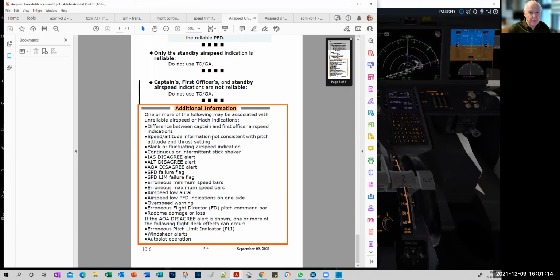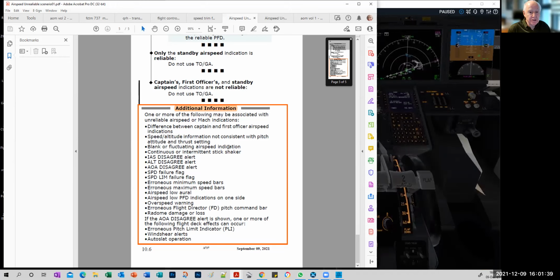Speed and altitude information not consistent with pitch, attitude, and thrust setting. So you may have a pitch setting on takeoff of between 15 and 17 degrees of pitch with TOGA power, but you may have an airspeed that is decreasing, or something that's not right.